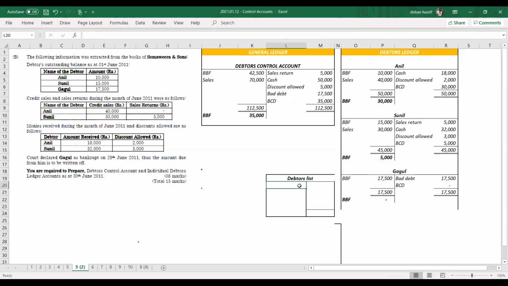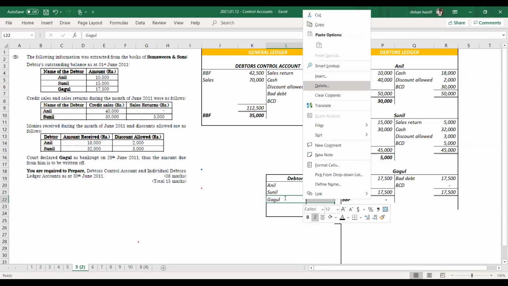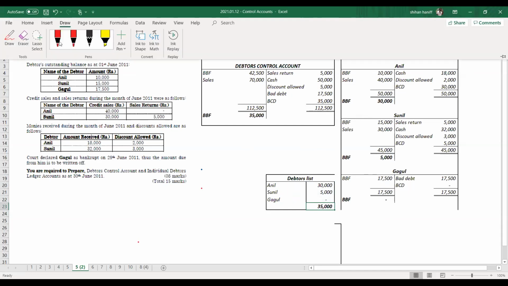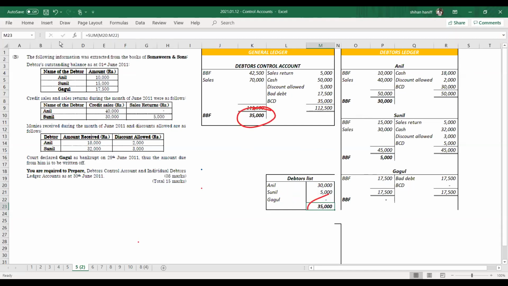So in the debtors list, we have Anil 30,000, Sunil 5,000, Gagul 0, total 35,000. So this is 35,000, and this is also 35,000.